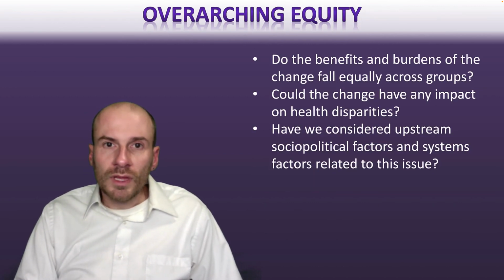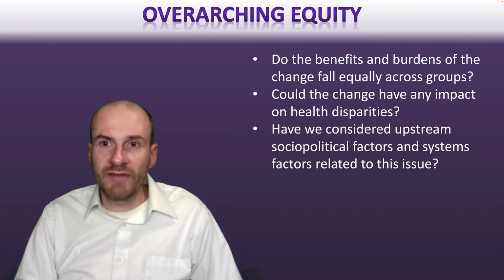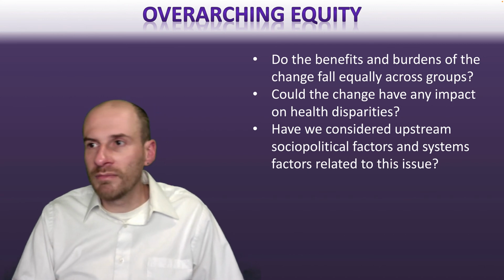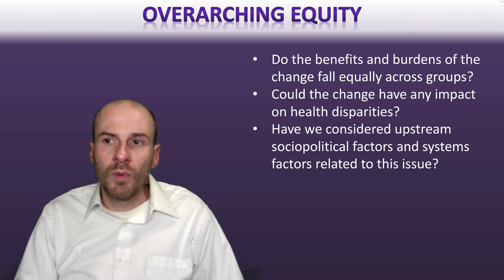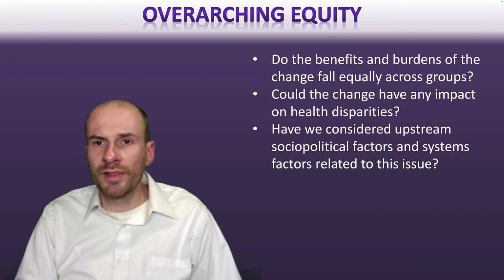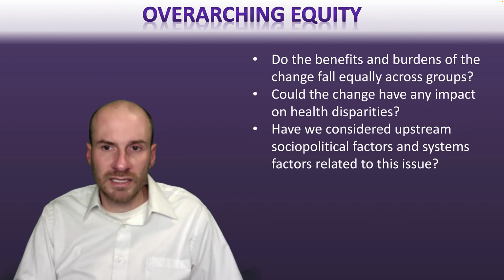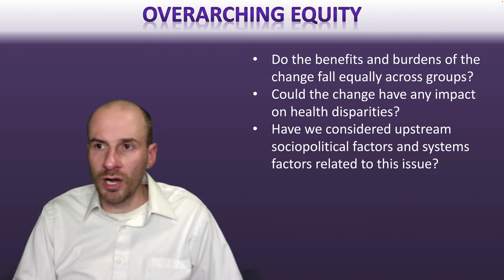So what types of things can we look at as we're doing evidence-based practice? As we're going through this process of finding papers, analyzing them, creating programs and implementing them. Well, there's a lot of them. I'm not going to talk about all the different things that we can do, but we can think, for example, around carefully looking at how, in these programs that we develop, do the benefits and burdens of this practice or this change that we are suggesting fall equally across groups?